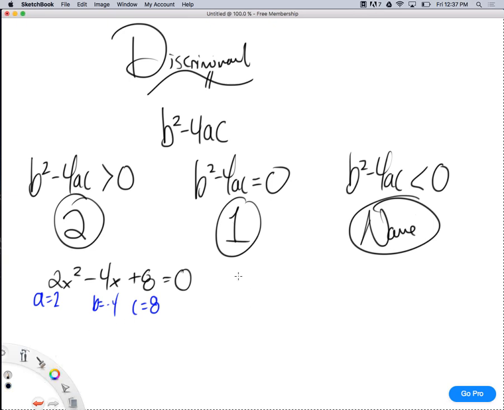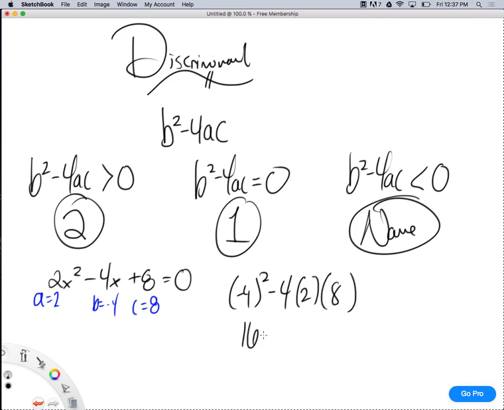Then you do b squared, which is -4 squared, minus 4 times a is 2 times c is 8. -4 squared is 16. Minus 4 times 2 is 8, 8 times 8 is 64. 16 minus 64 is -48. The discriminant is negative, therefore, how many real solutions are there? None. You guys clear on this?